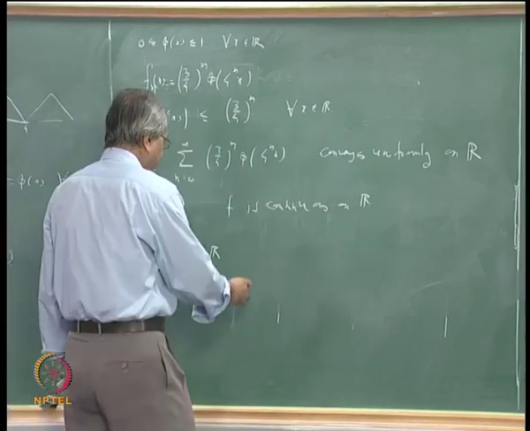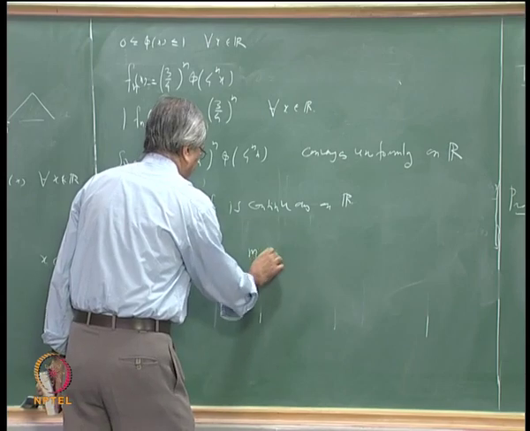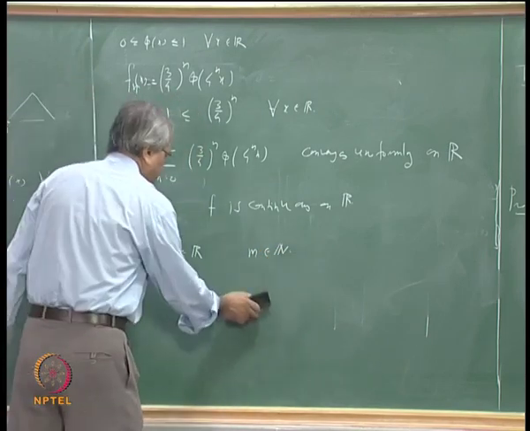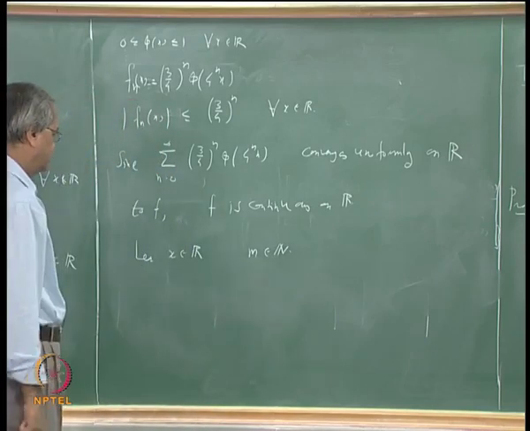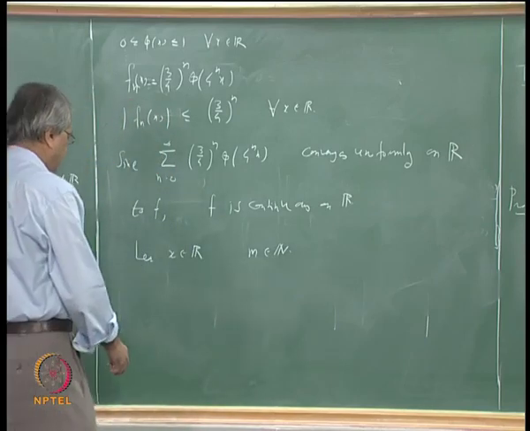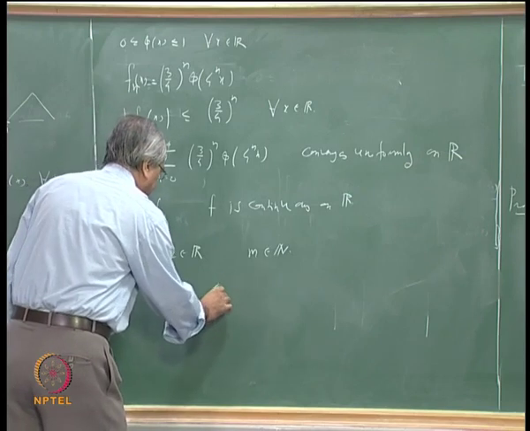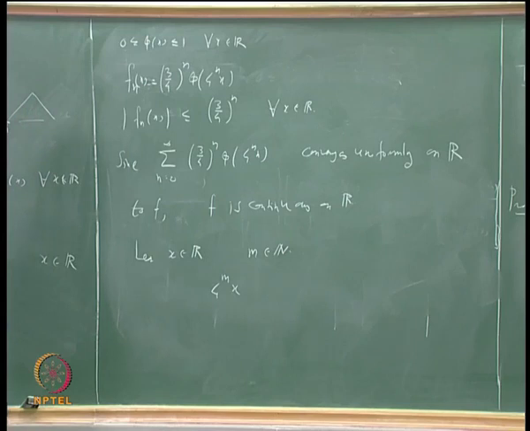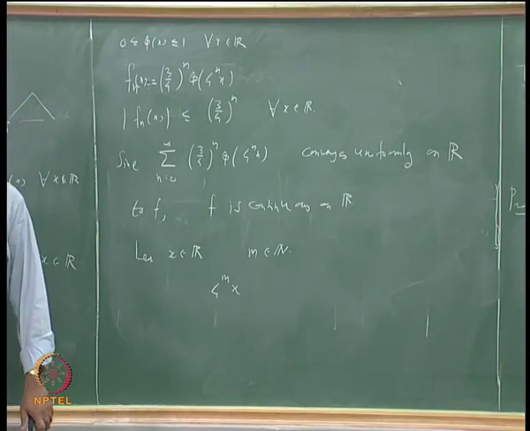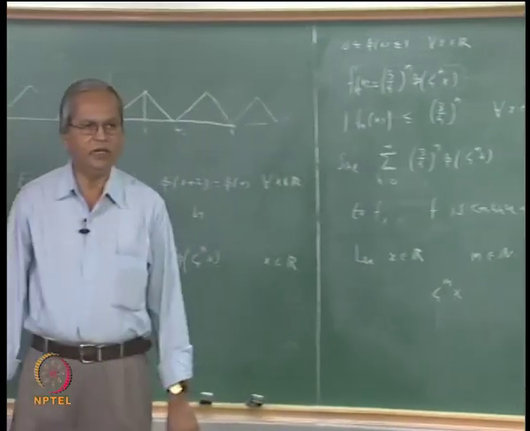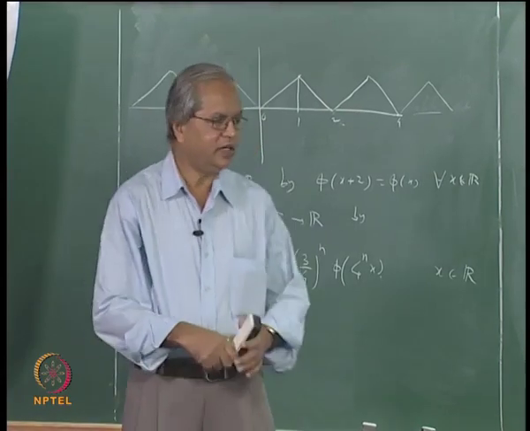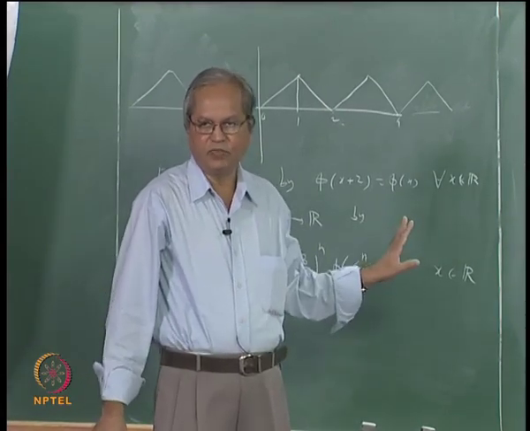To do that, let us take some m as a natural number, and look at 4 to the power m x. Now this is some real number, and given any real number, you can always find an integer k such that the real number lies between k and k plus 1.